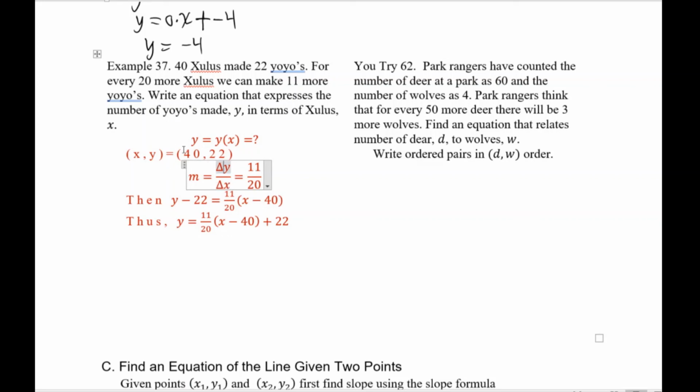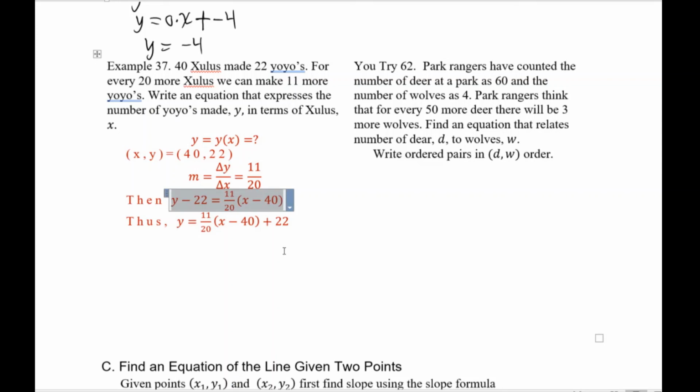We now have a point and a slope, and we can put that into our point-slope form. Y minus 22 equals 11 over 20 times the difference of x minus 40. And if you want, you can solve for y. Either of these would be a fine solution.